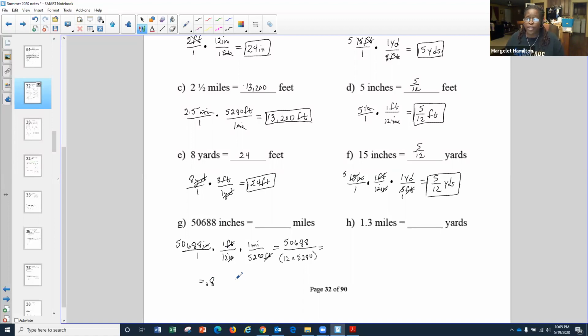so if you get 0.8, then you know you can use your toggle button or your F to D or S to D button. If you're using your graphing calculator, you'll push your math button, and the first selection is fraction. Then you'll click on that, and it'll change it to a reduced fraction, which should be 4/5.